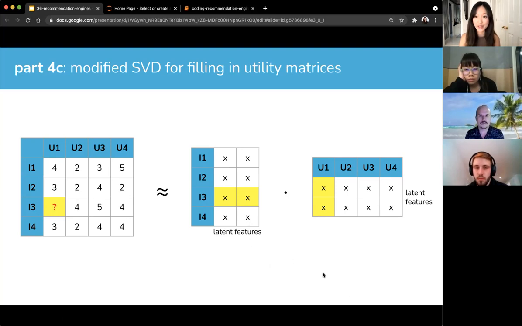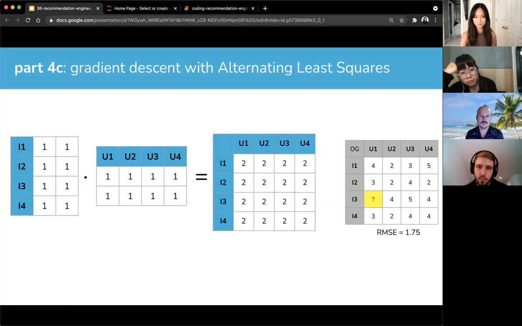These numbers don't really have any meaning, but together they represent the item or the user. Something to note is that if I'm trying to predict user one and item three, they are going to be impacted by these points here because this is item three, and these points here because this is user one.